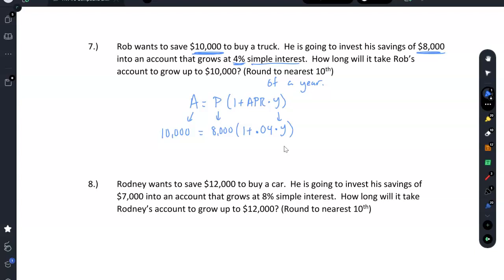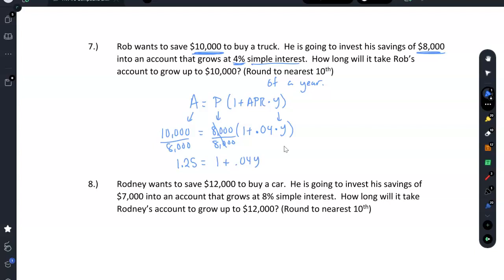So this time I'm going to have to do a little bit of work. I'm going to divide by 8,000 on both sides. You can turn this into a decimal if you want to, or you can keep it a fraction. But I do suggest you reduce it just to make it look a little bit easier to work with. But this is 1.25 equals 1 plus 0.04y.